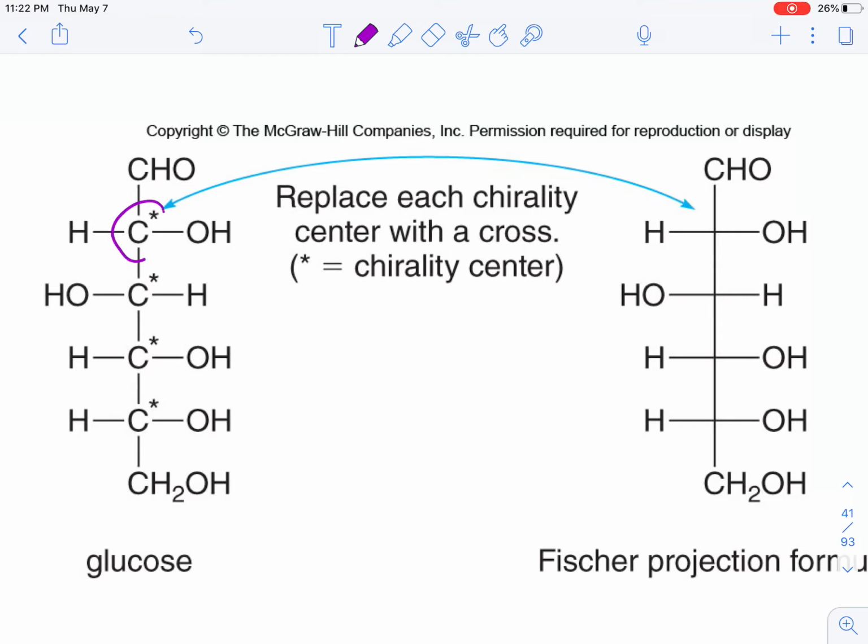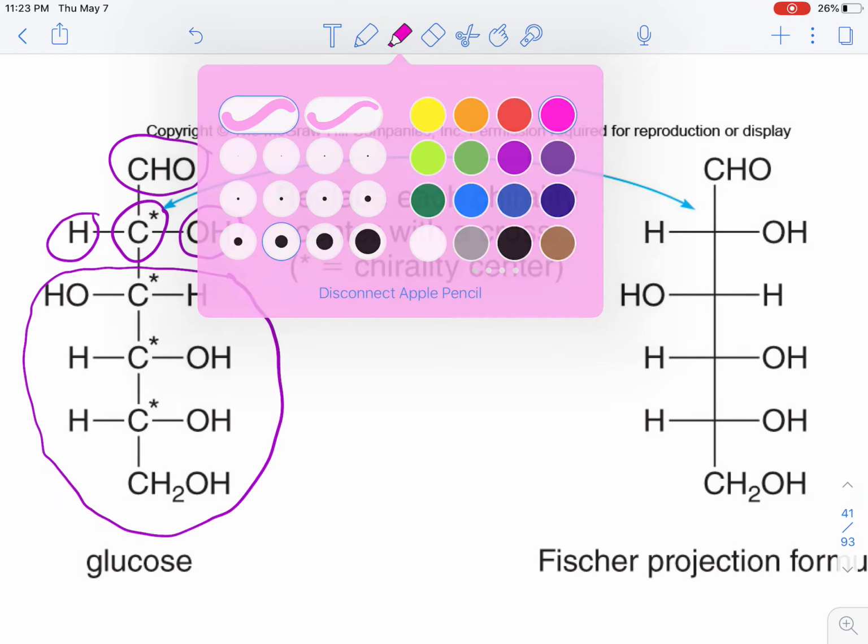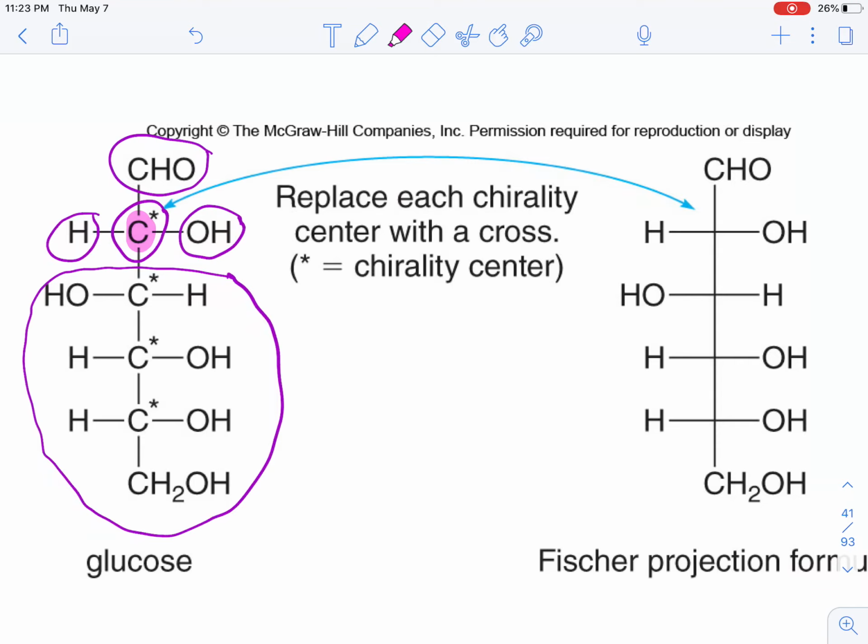If we're looking at this carbon, we need to understand why it is chiral. Well, if you look at the top, it's a CHO, so that's an aldehyde. That aldehyde is different than an alcohol or hydroxyl group. And that aldehyde and hydroxyl group is really different from this hydrogen. And all three of the things that I circled around the central carbon are different from everything that I'm circling at the bottom. And so therefore, this carbon is going to be chiral.